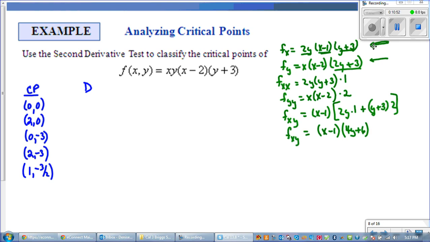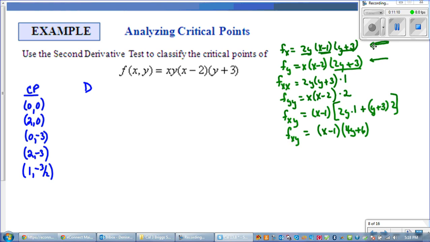Now, if you want to check yourself, remember f sub xy should be the same as f sub yx, since these partial derivatives are both continuous. So, okay, I'm just going to assume that we've got all these right.